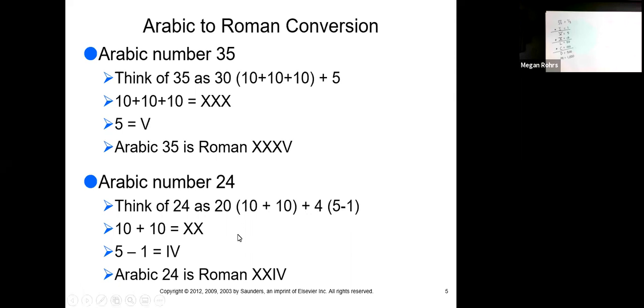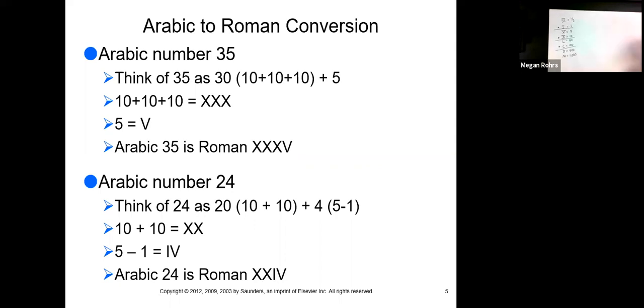So we're going to have to use that subtraction rule. If I put an I before a V, a smaller number coming before a larger numeral says we're going to subtract. So in this case, 5 minus 1 gives us 4. So here we would have the 2 X's for 20, and then the IV for 4, so 24.